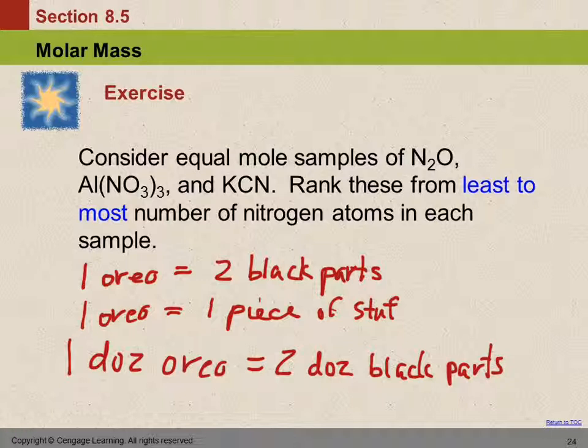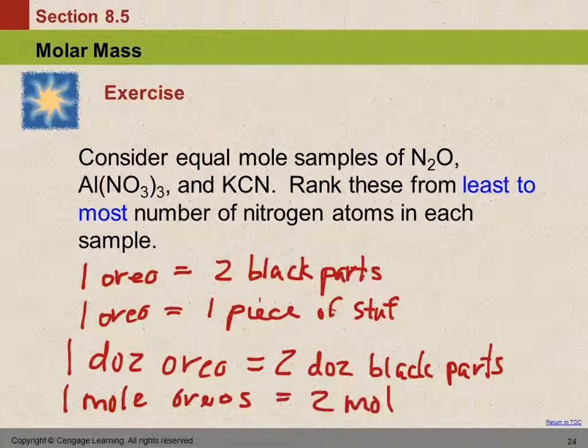If I had a mole of Oreos, how many moles of black parts would I have? 2 moles. 1 mole of Oreos, that's singular. See, there's a reason for your bet. We'll apply it.